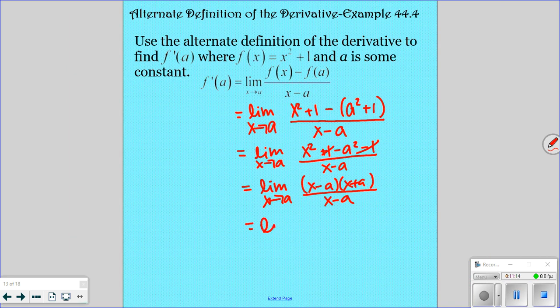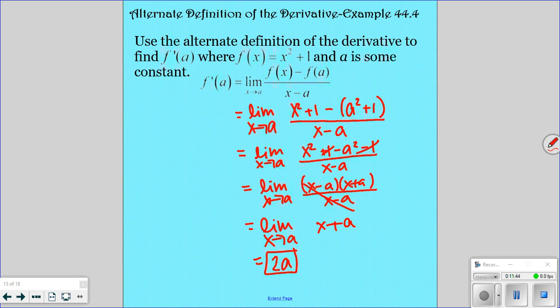And then these will cancel. And so I'll have x plus a. And so now I can evaluate it as x approaches a. As x becomes an a, I end up with a plus a, which is 2a. And so that would be your answer there. So it works very similar to the definition of the derivative. It's just another form that you can start with.